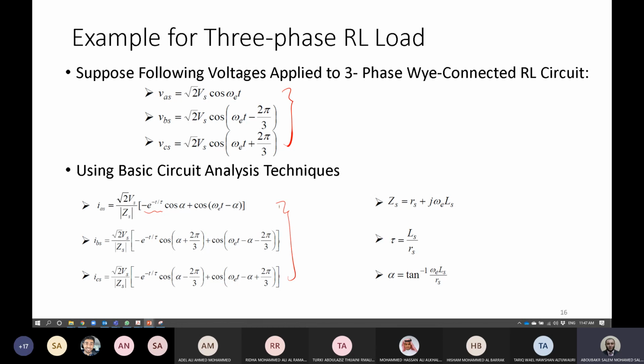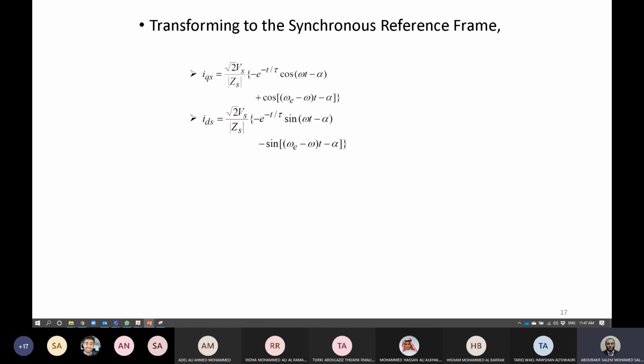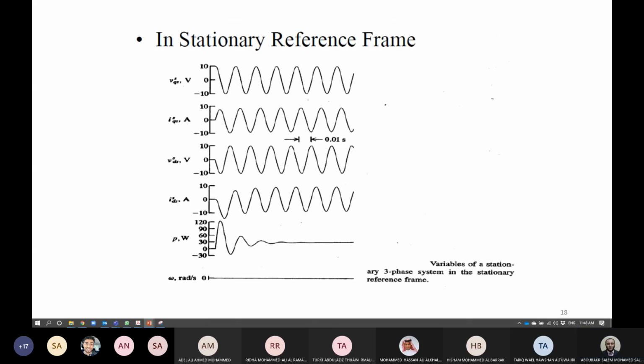So now the three-phase currents can be converted to QD or DQ components by the transformation we discussed previously, by multiplying first by Clark transformation, then by Park transformation. Okay, we can get this Q and D component of current. Now, if you plot the I and V components in a stationary reference frame, stationary reference frame means you substitute omega equal 0.